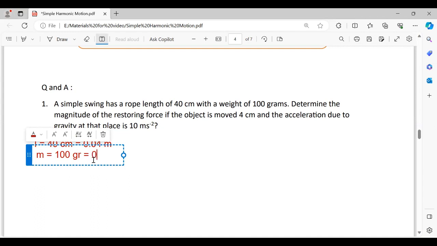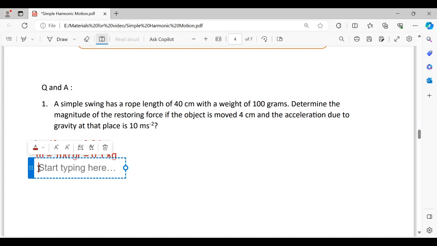It's going to be 0.1 kilograms. Right? What else? And then the object is moved 4 centimeters. It means y equals 4 centimeters.